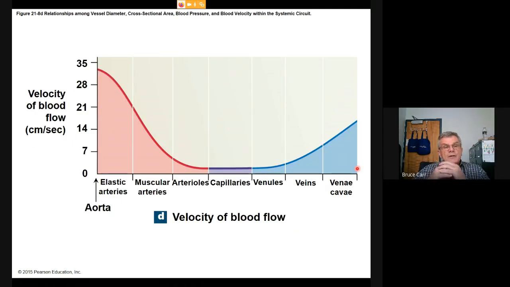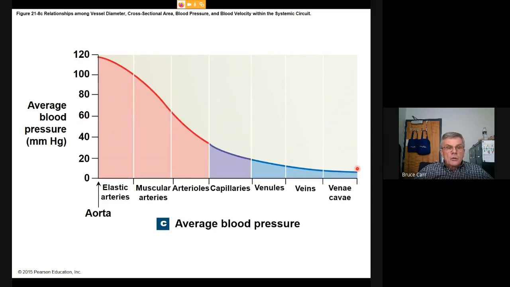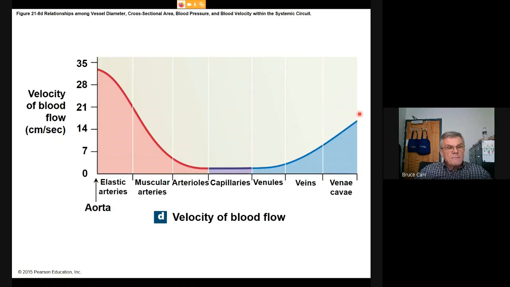But this one surprised me, the velocity of blood flow. If we look back at that pressure, as the pressure continues to decrease here, you'd expect it to continue to slow down. But look what happens. The blood comes out at its highest rate from the heart as a response to the direct contraction of the ventricle and that push.